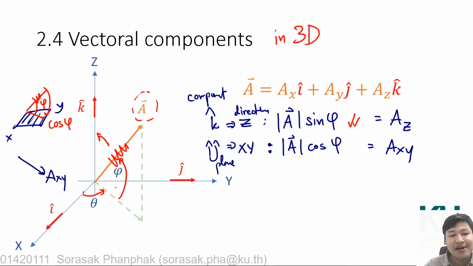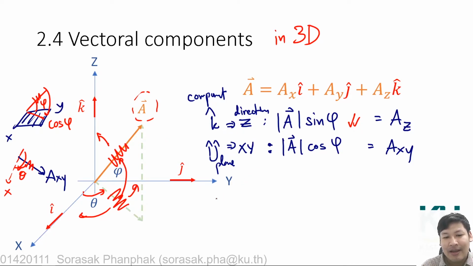So now you further break this component into the X and Y plane, which, as you already know, has the theta angle to the X axis. You break this with the cos angle.